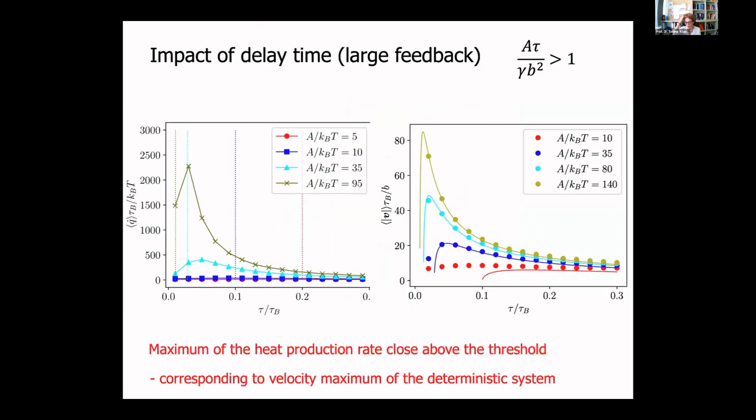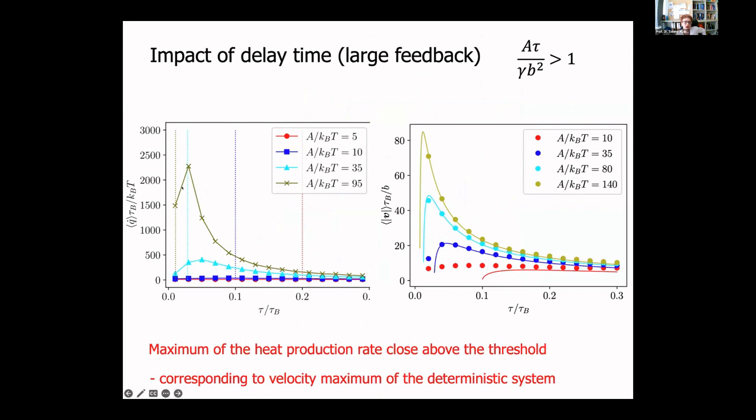And maybe I was asking before, do we see any indication of the onset of persistent motion in this average heat production rate or in other thermodynamic quantities? Where you actually see something is if we plot this quantity as a function of delay time, shown in the left plot.